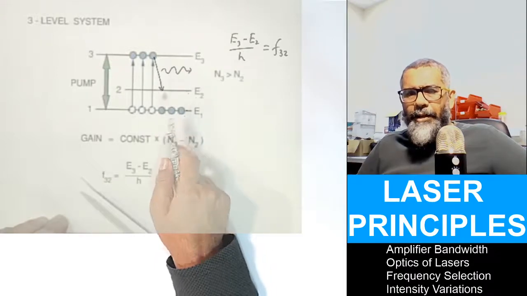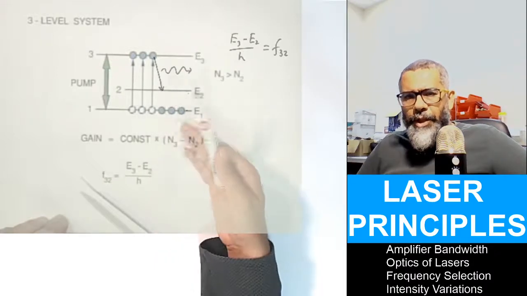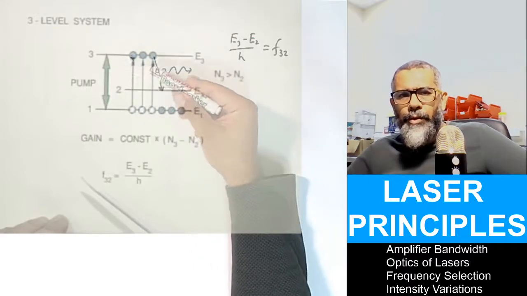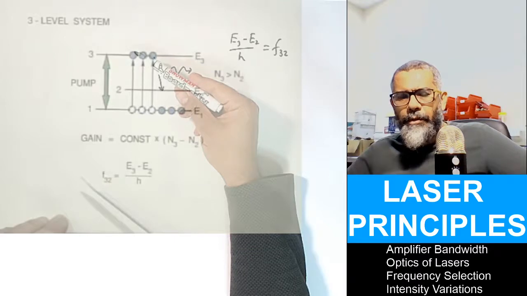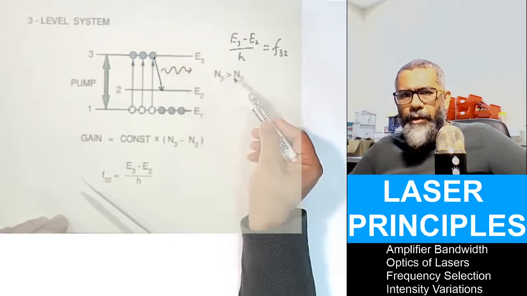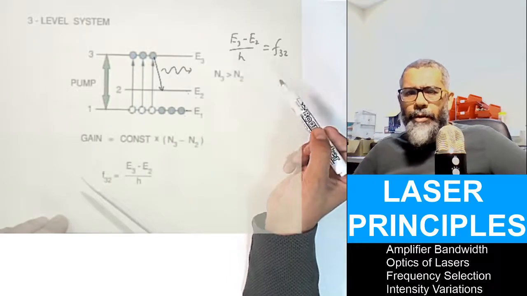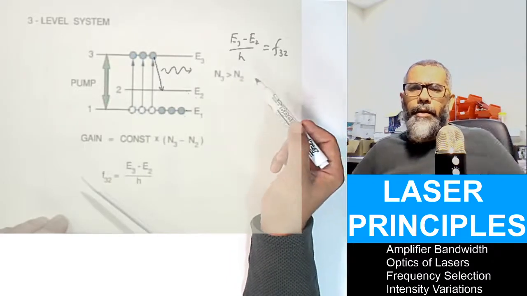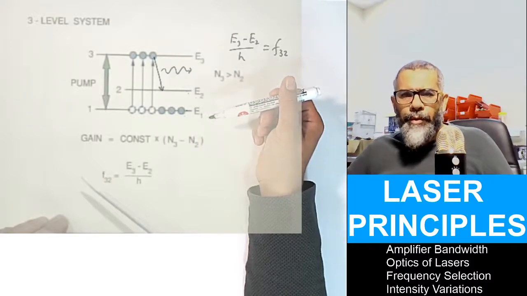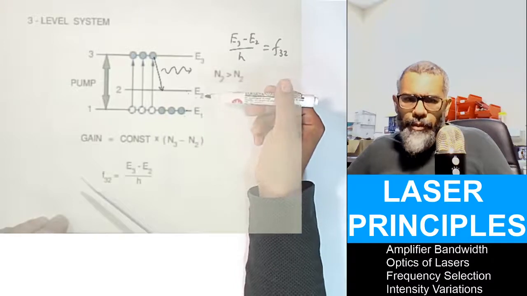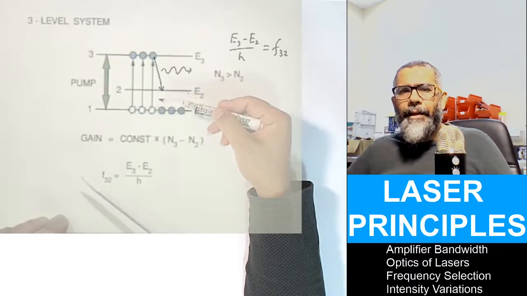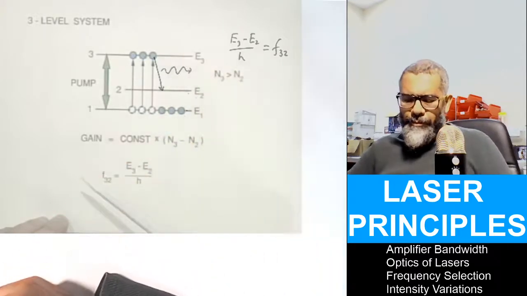You see, the population inversion condition is fulfilled, because as soon as the first electron goes to the third energy level, with no electron in the second energy level, N3 is larger than N2, so the population inversion condition will be satisfied. So this is the way to produce population inversion. In order to produce a population inversion, as I said, you must have at least 3 energy levels in an atom.